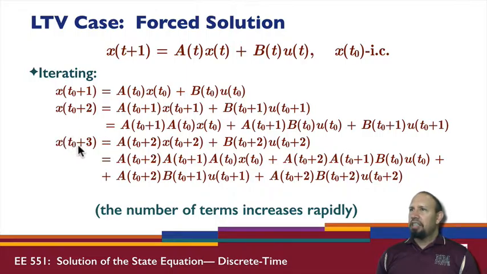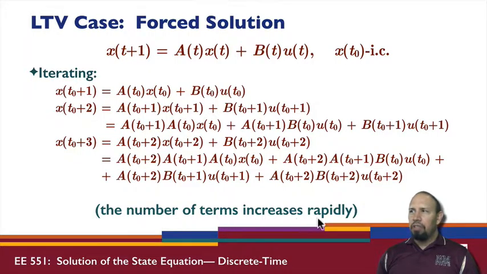I do the same with x of t0 plus 3, and so notice I'm going to have t0 plus 2 everywhere here, and then this quantity is represented by this term, and I plug that in and I get this expression.